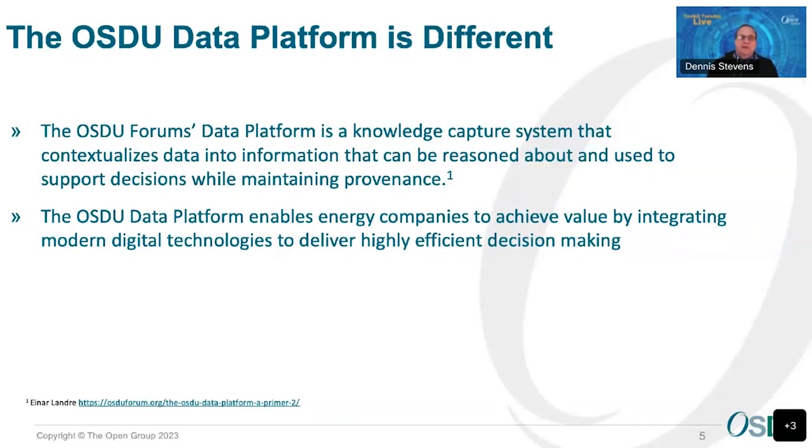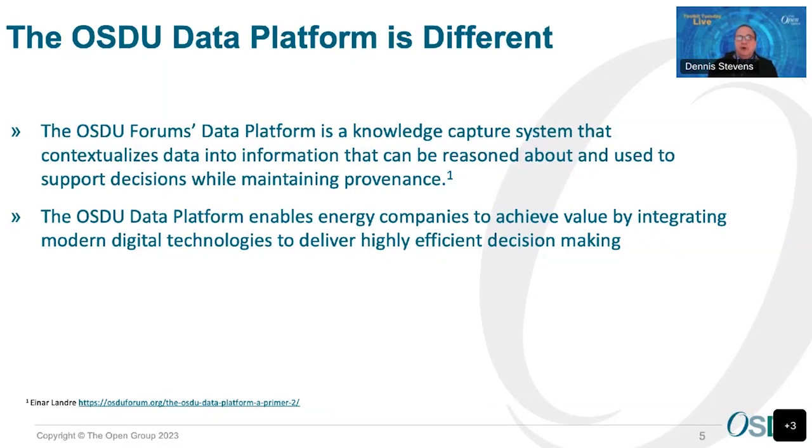The idea is when you have data representing information coming from multiple sources, the contextual use of that data can mean different things to different people. So, for example, if I use the word well, that word, depending on whether you're in a production capacity or in an analysis capacity, can have different meanings.